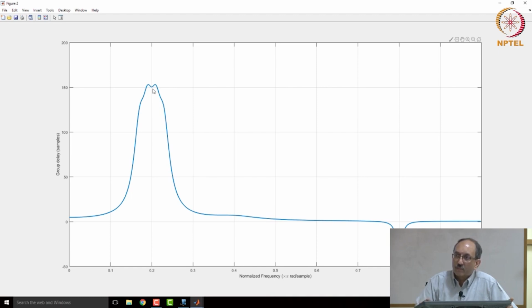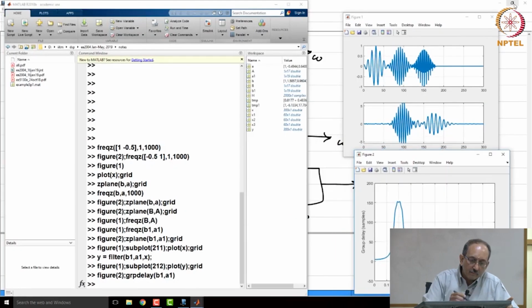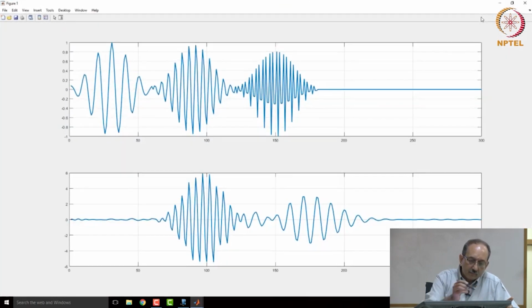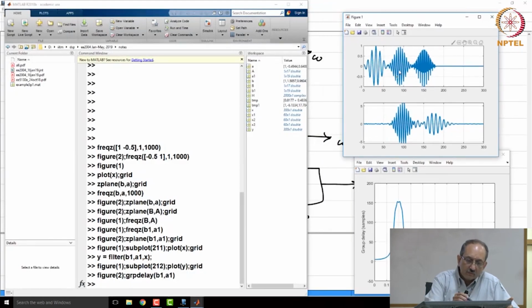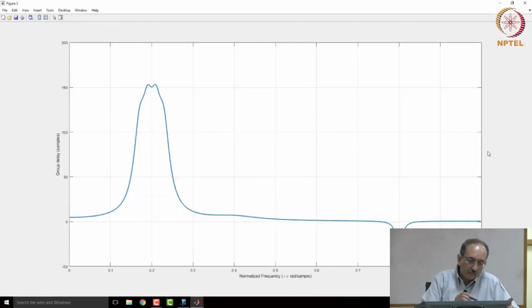First pulse and second pulse switch order, and if you look at this, the second pulse is practically unchanged. There is a very slight delay, and the reason is at this particular frequency the group delay is not much at all.